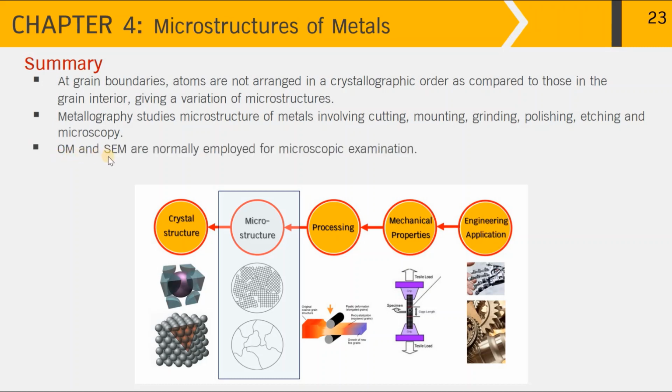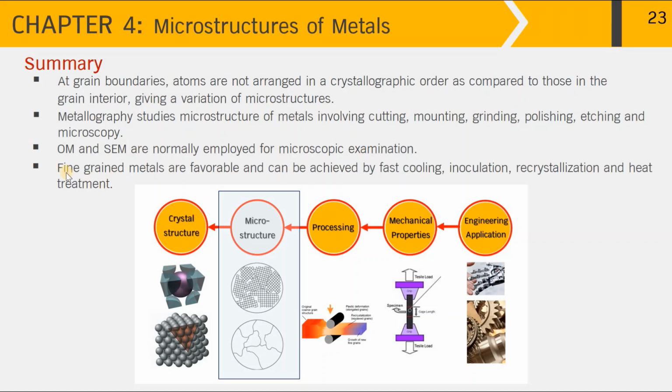The optical microscope and also the scanning electron microscope or SEM are normally employed for microscopic examination. And finally, fine-grained metals are favorable and can be achieved by fast cooling and inoculation for metal casting, and also recrystallization and heat treatment for those metals that have been processed by working operations.